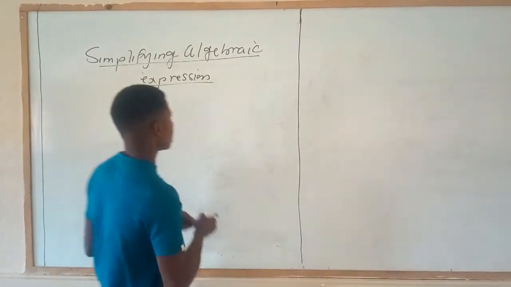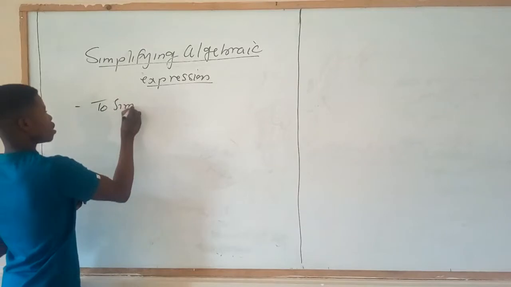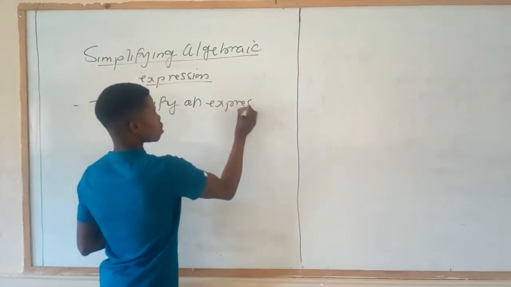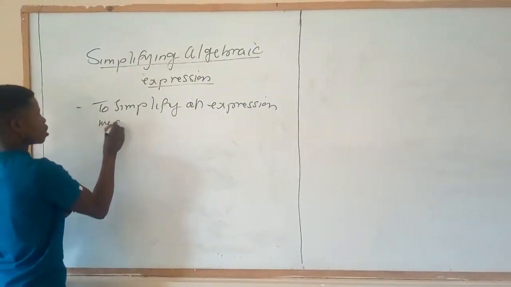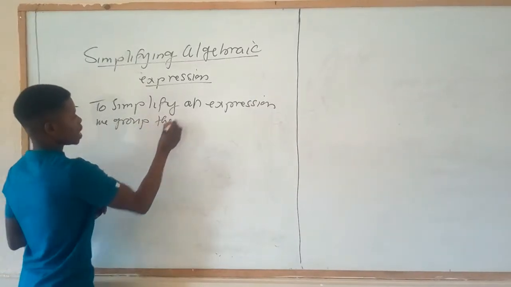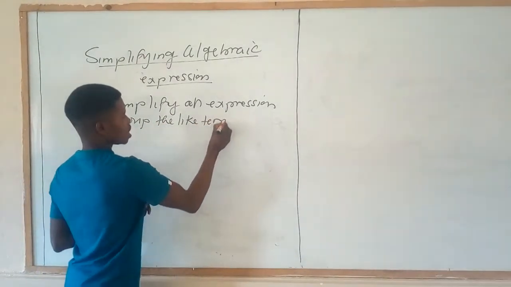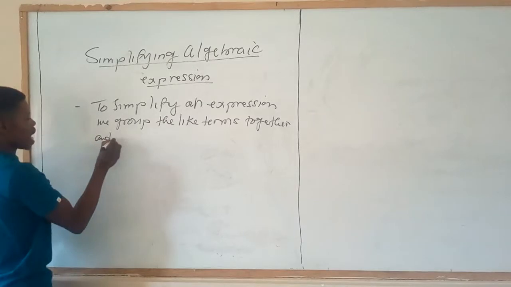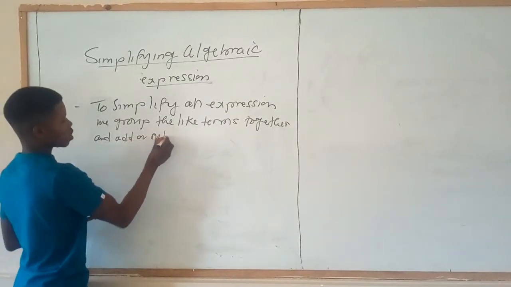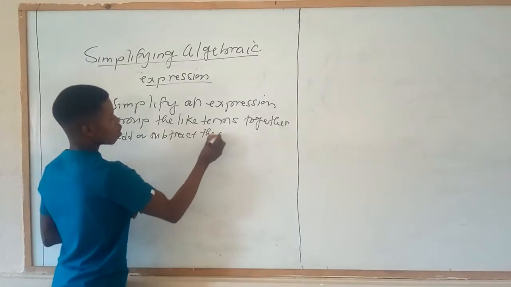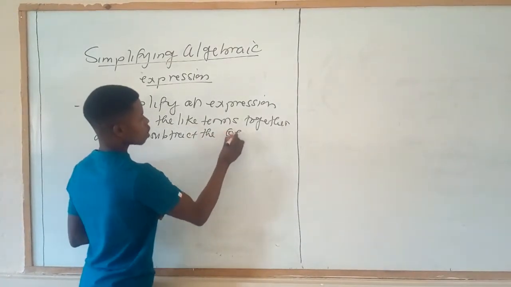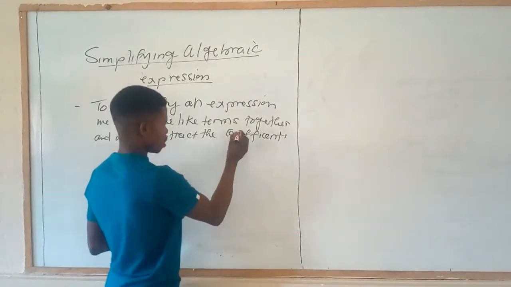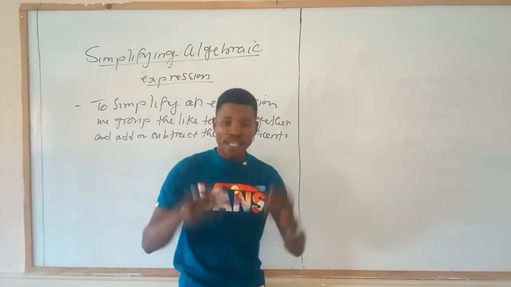So to simplify an expression, we group the like terms together and add or subtract their coefficients. That's what we do when we simplify.